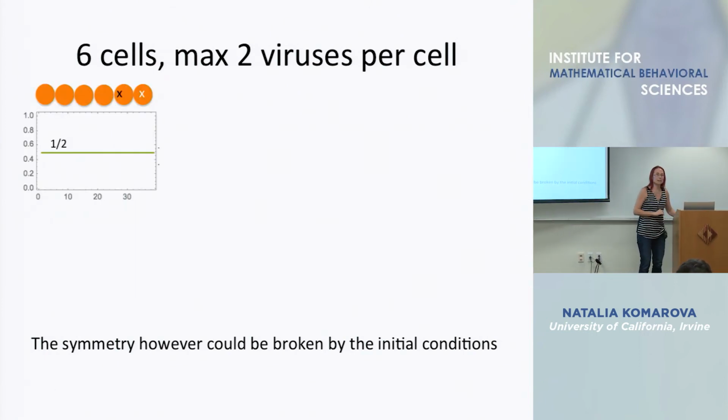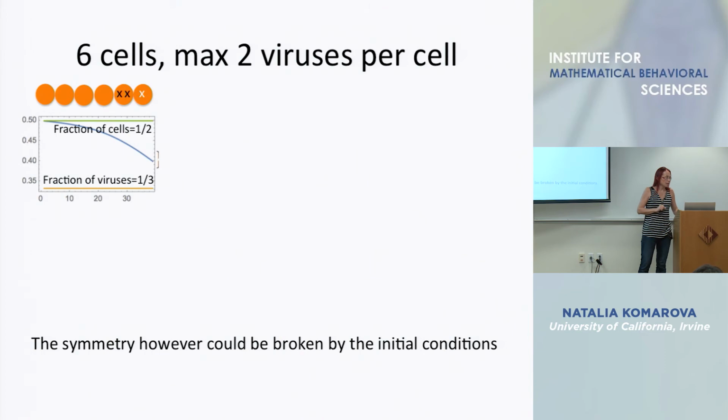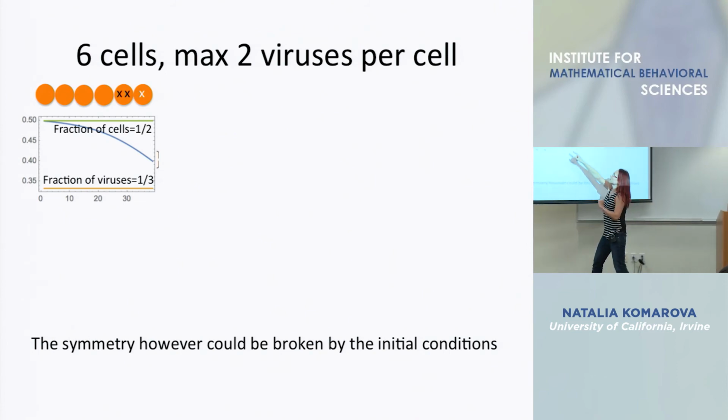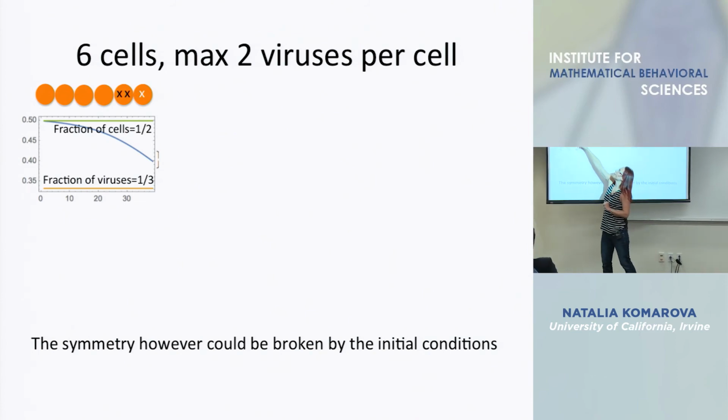But now let's look at this really. Let's increase the number of cells. So with this initial condition, again, half of the time, the mutant virus will win. Now, if you have this initial condition, the symmetry is broken. So how can you figure out what the answer is going to be?